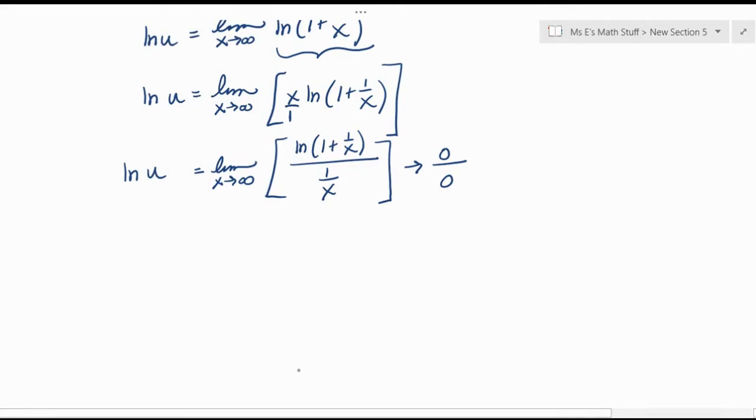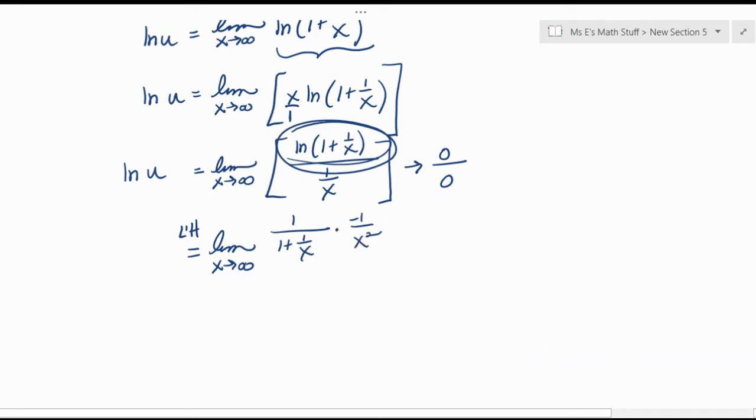Anyway, but now I can apply L'Hopital's rule because I have all the conditions I need. So I would end up with the limit as x approaches infinity. Now let's take the derivative of this top function. So I'd have 1 over 1 plus 1 over x. And then don't forget chain rule. We need to take the derivative of the inside function, which would be negative 1 over x squared.